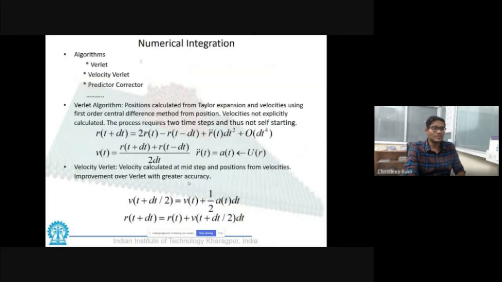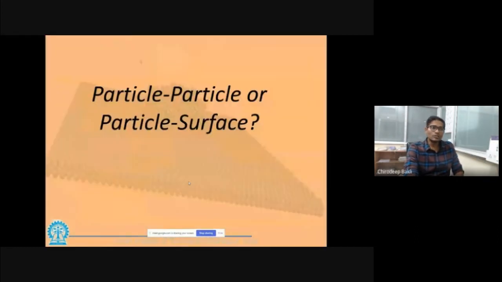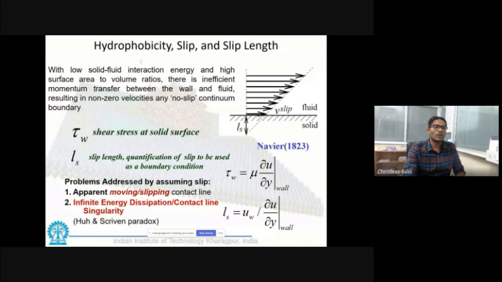So you obtain the velocity, again a repetition of that, and you then try to find out whether the interaction is between particle and particle or particle and surface. Is it adhesion or cohesion? How does it happen? And then we come back to answering this question of infinite energy dissipation, or the question: would Hercules be able to move a contact line or sink a solid? So this is the Navier slip boundary condition we are talking about.